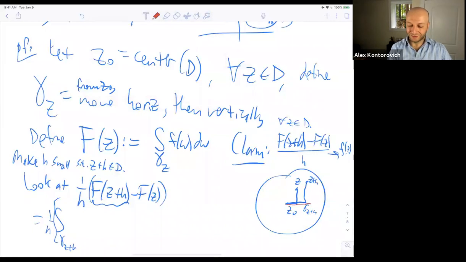This is gamma z plus h. But this is gamma z. So I have an integral over gamma z plus h of f minus an integral over gamma z of f.